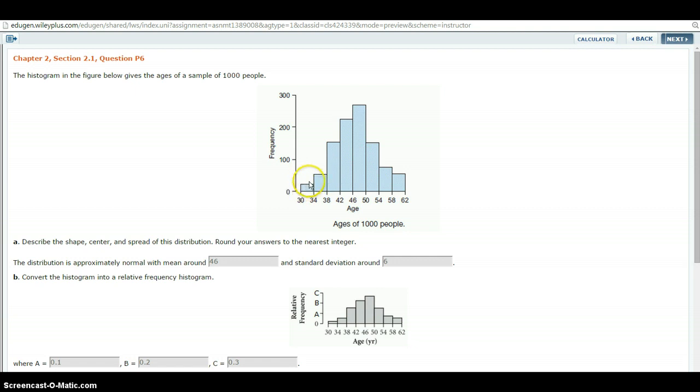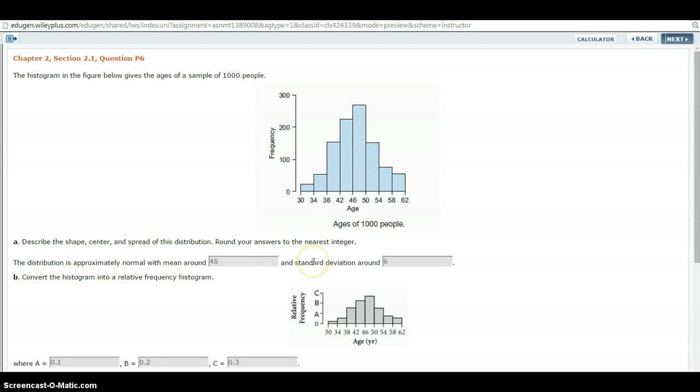Maybe 20 people here, maybe 60, that's 80 so far, 230. So somewhere in here we're going to hit the mean. The answer is 46, but notice that the tolerance means that they would have taken between 44 and 48 as an answer. So just as an estimate, where's the center of the data here?